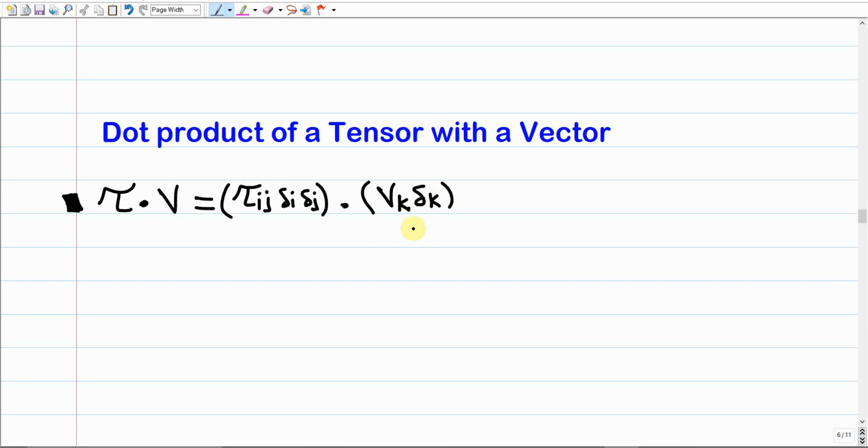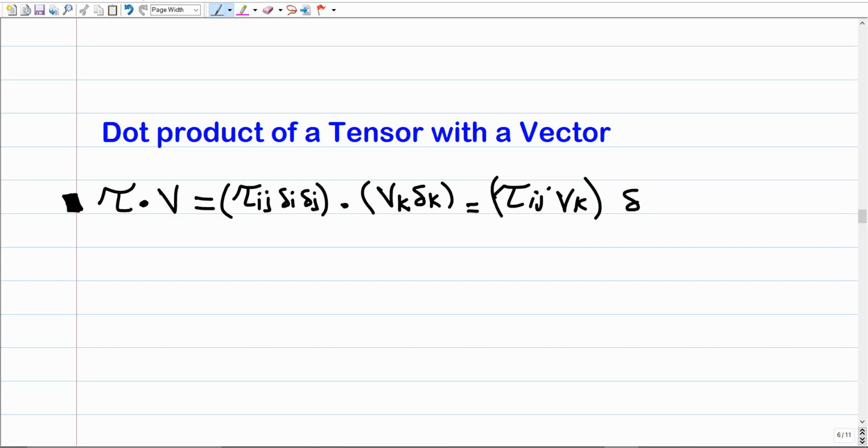So let us use k. We are not allowed to use either i or j for the vector. We just do normal multiplication of the components of the vector and the tensor, so we end up with tau ij vk.